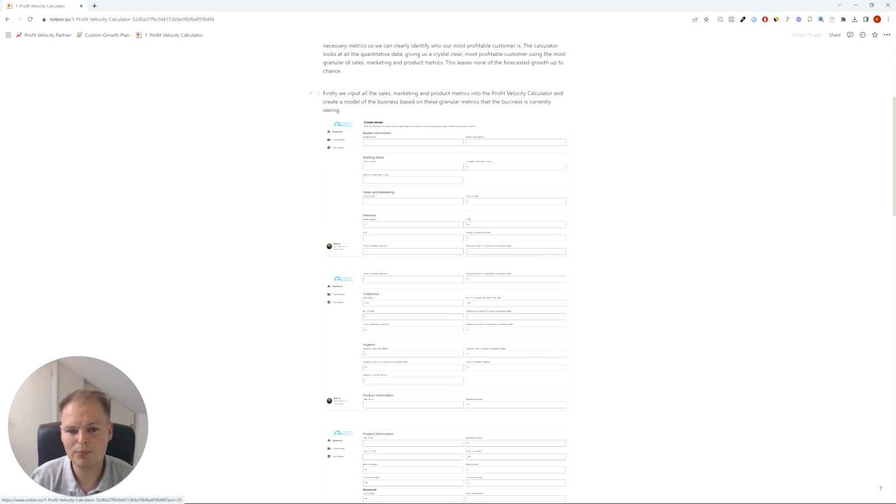So firstly, we input all of the sales, marketing, and product metrics into the profit velocity calculator and create a model of the business based on these granular metrics that the business is currently seeing.